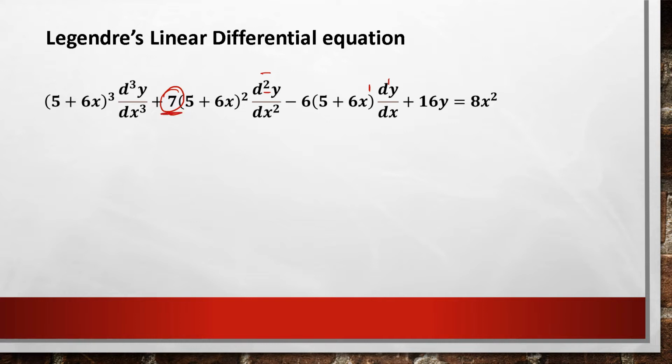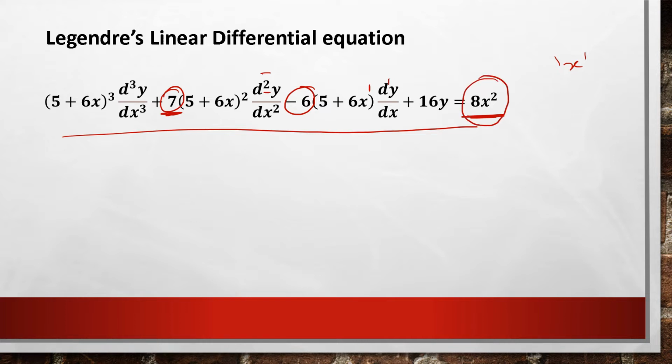For example, here we have 7, here we have minus 6. On the right hand side, you will have a function of the independent variable. Here, what is the independent variable in this example? x. So on the right hand side, we have a function of x only.